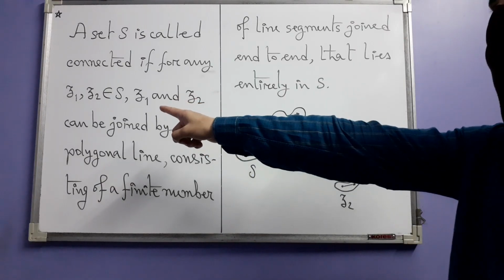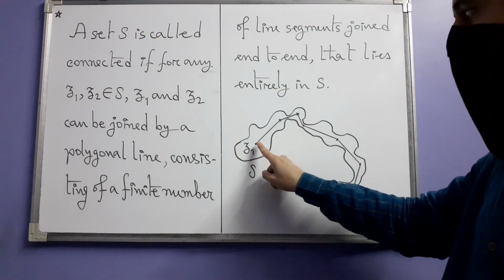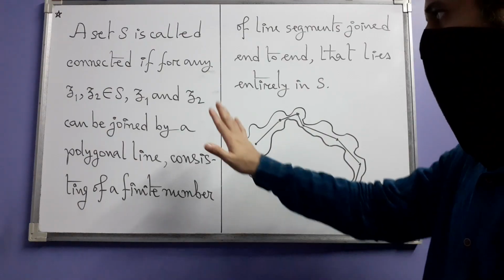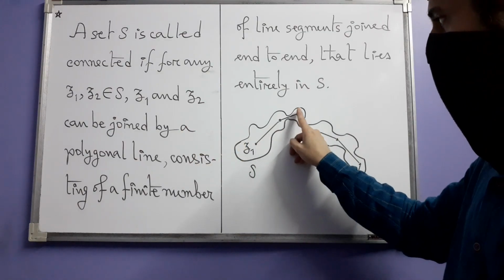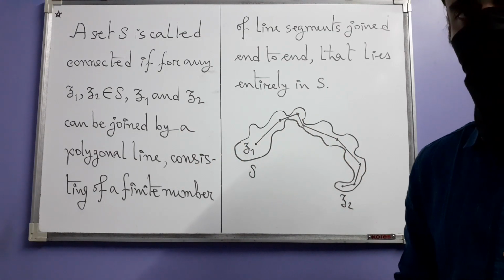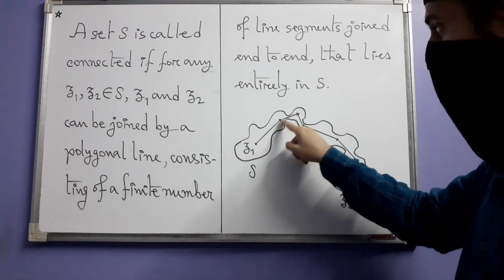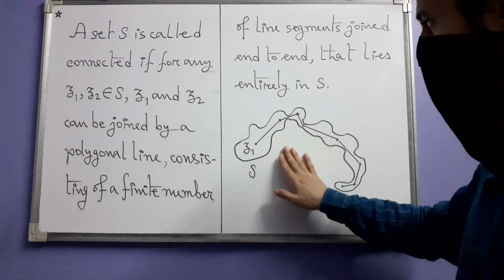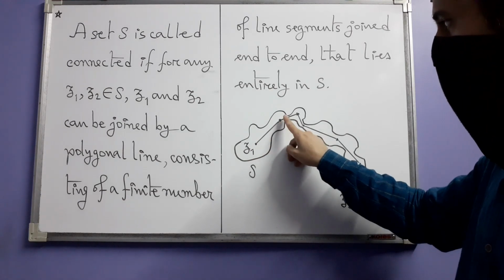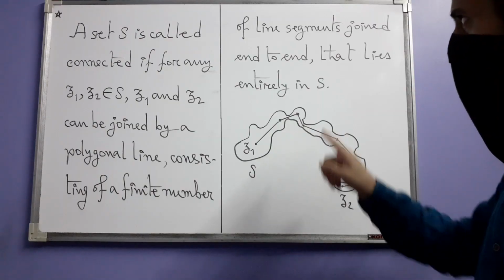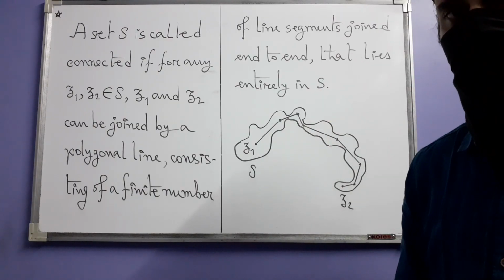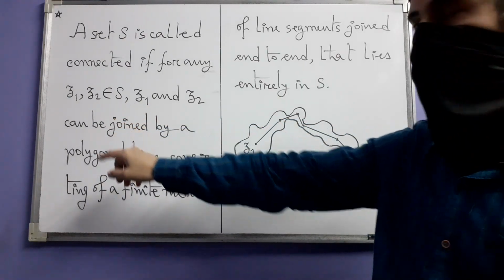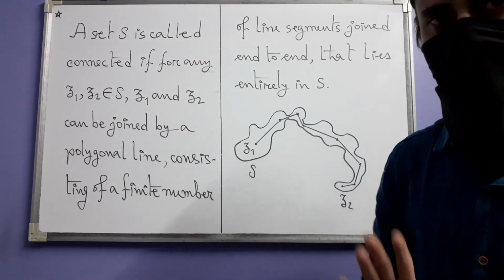Then this condition says that, say you choose these 2 points Z1 and Z2 inside S. This condition demands that there be a polygonal line joining these 2 points which lies entirely inside S. And a polygonal line by definition consists of finitely many line segments joined end to end. If this happens for any pair of points in S, then we call S connected.